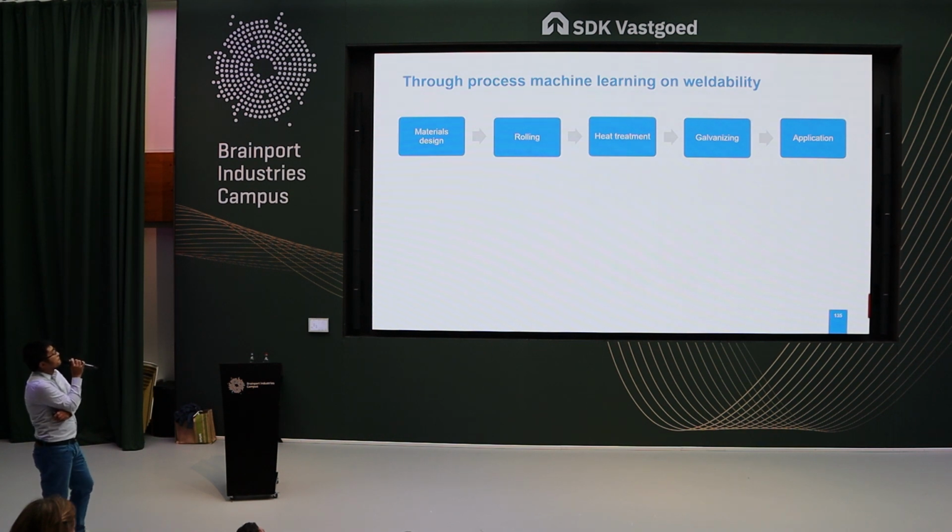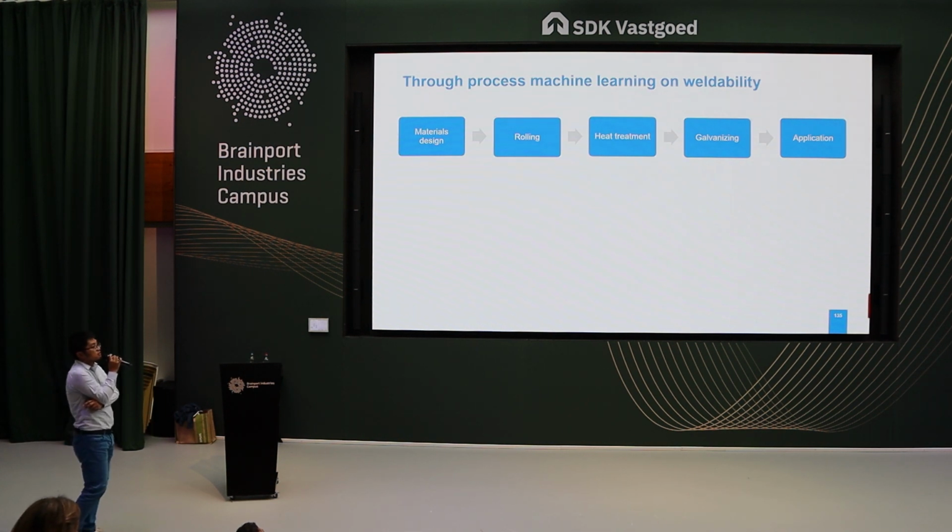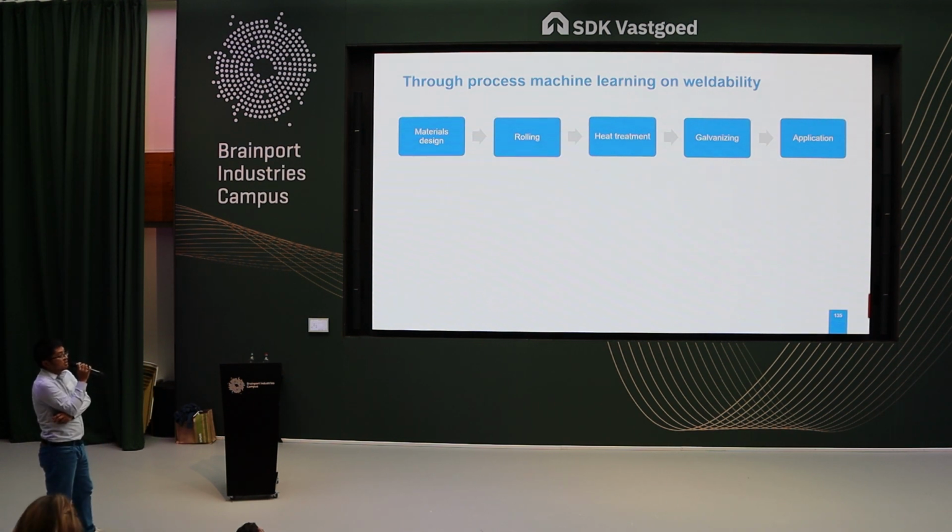Actually this is the routine for different departments in Tata Steel. We start from the material design department, then we go to rolling, heat treatment, galvanizing, and then we sell our product to the customer for applications. It can be either welding or forming.